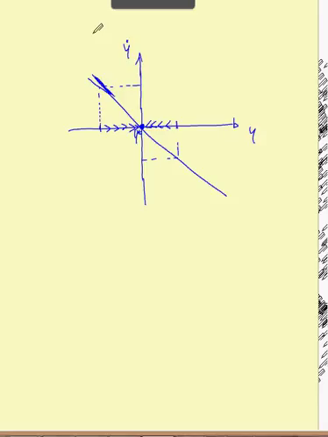The problem is to check if this equilibrium is stable or unstable. It is unstable. I will show you now. Because the phase diagram, what is the phase diagram? It is y dot with respect to y.